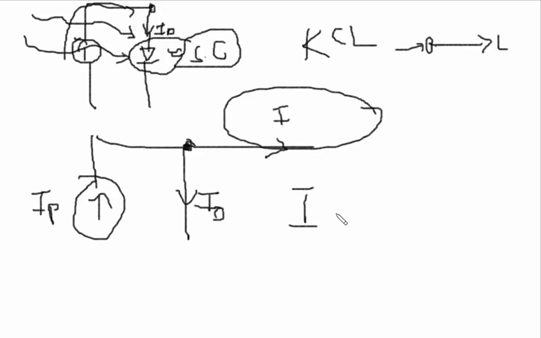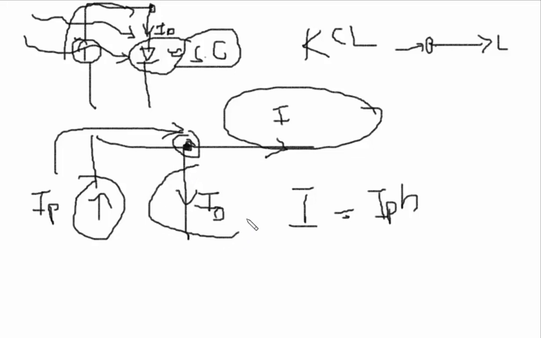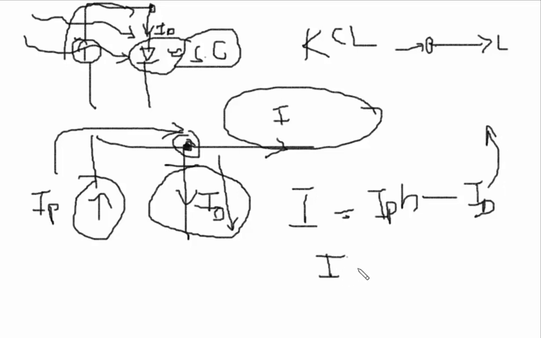I is equal to this current entering this node, that is plus IPH. I can give any symbol. Then from this node, this much current ID is leaving, so I can subtract this diode current. So if I apply this ID equation, then I will get the total current of the solar cell.